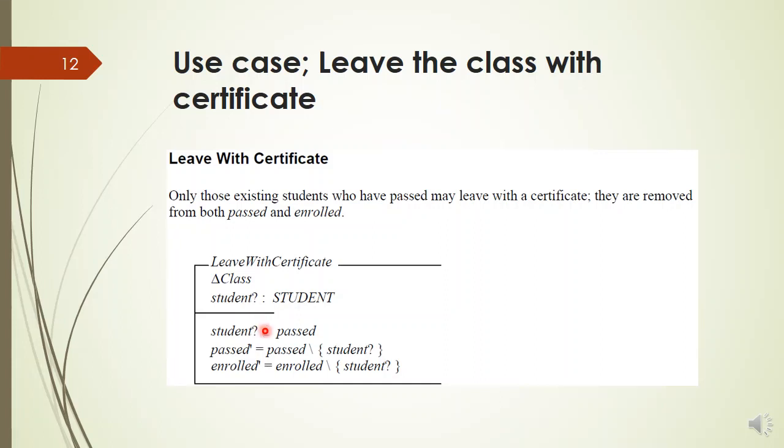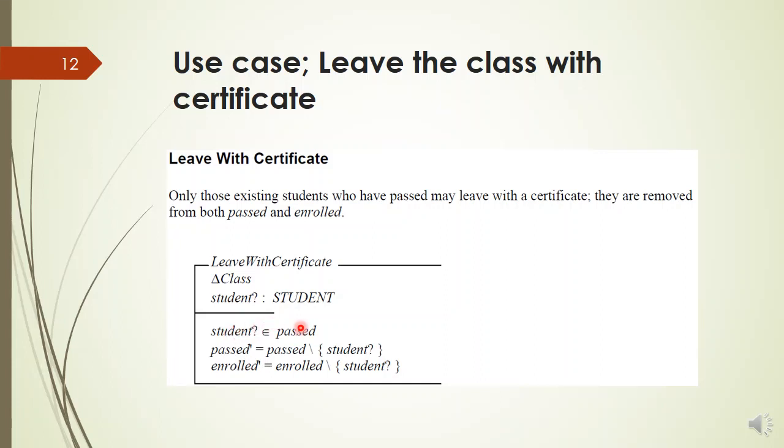There is only one precondition predicate representing that student leaving the class must belong to the set passed. So it is not mentioned here that student leaving the class must be member of set enrolled.